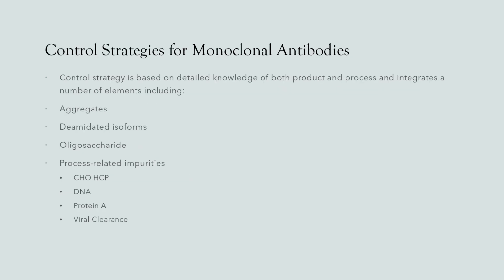So let's look at specific control strategies that we need to consider for monoclonal antibodies. This includes some, but it's not an exclusive list. The sort of things that you need to look for are things like glycosylation. You need to look for aggregation. You need to look at impurities such as host cell protein impurity.